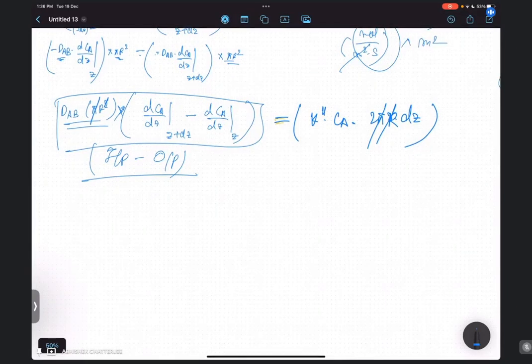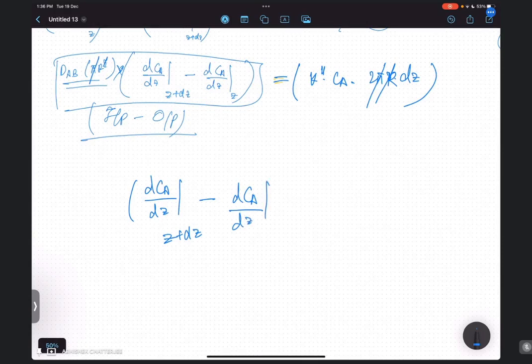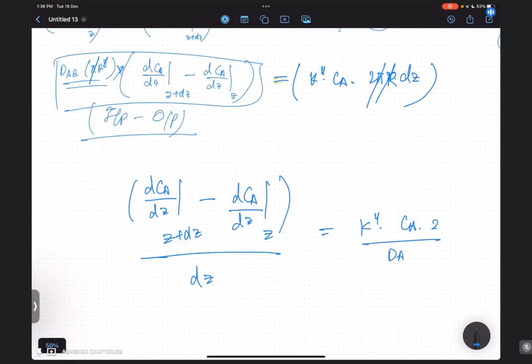Don't be confused between capital and small. From here you will get dCa by dz at z plus dz minus dCa by dz at z divided by dz equals k double dash into Ca into 2 divided by DAB.